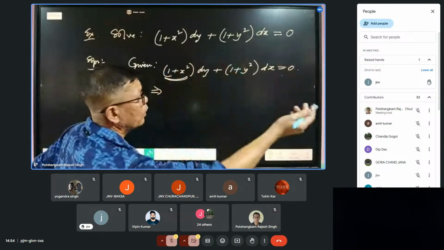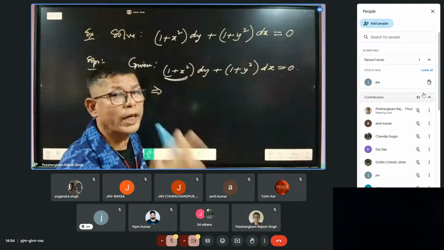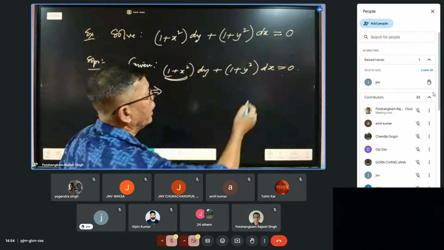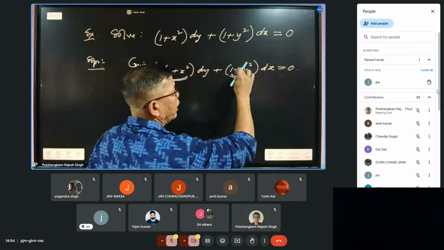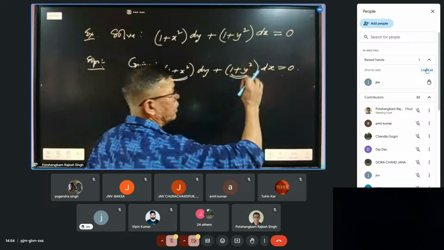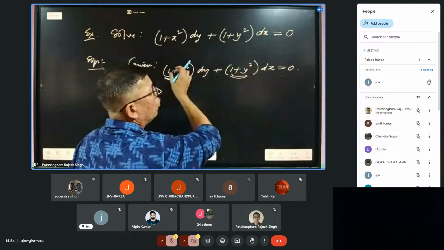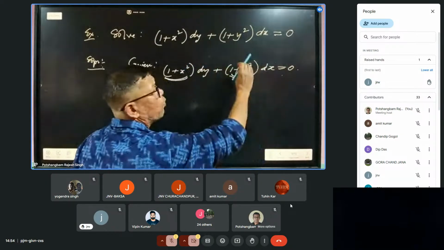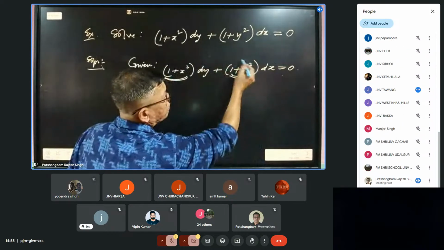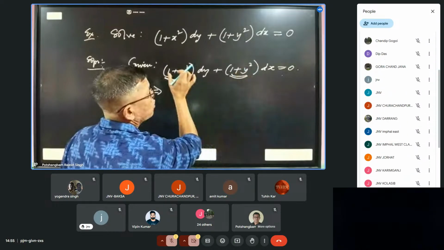As per the rules of separation of variable, a function of x cannot be with the dy, and this is a function of y, which cannot be with the dx. Separation means the function of x should be with the dx and the function of y should be with the dy.